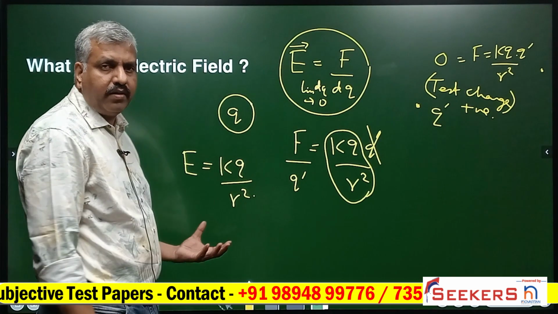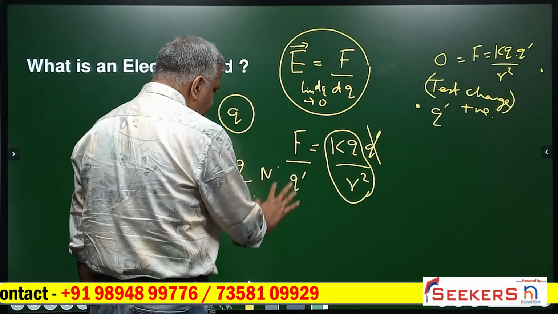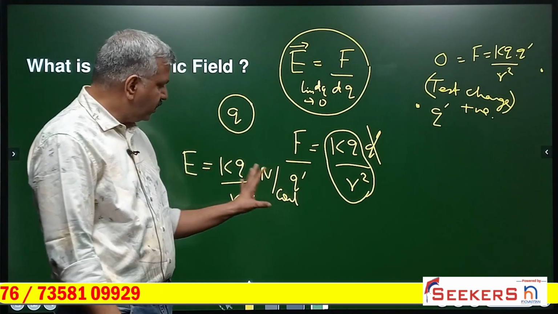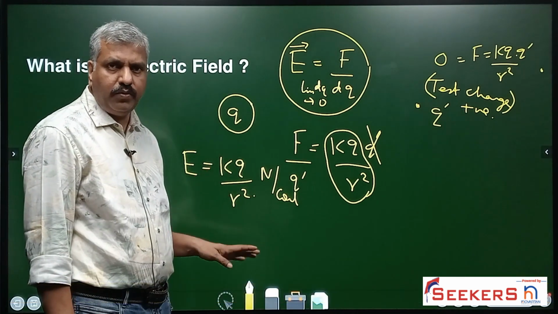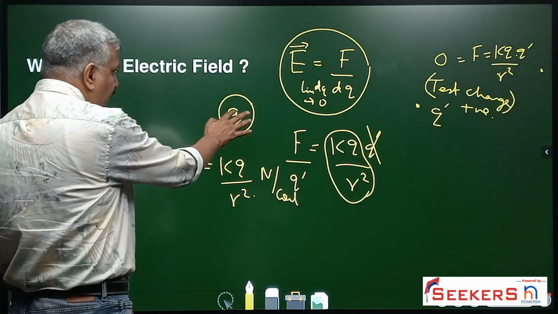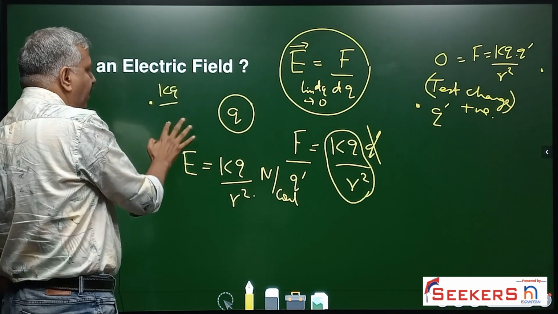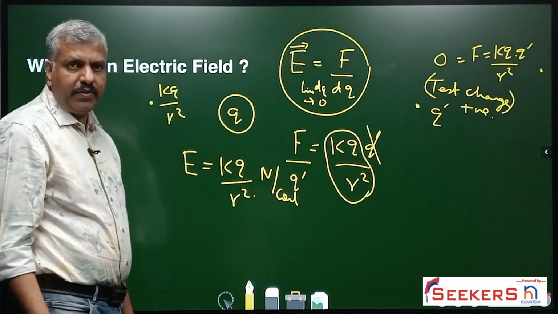It is also called the force per unit charge. So its units will be newtons per coulomb, and it gives me the force per unit charge. So if I have a charge Q here, and the electric field here is KQ by R squared, then if I bring a charge Q2, what will be the force?